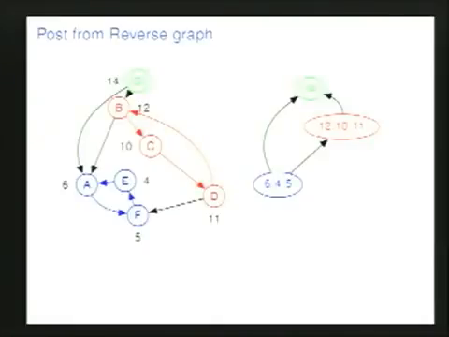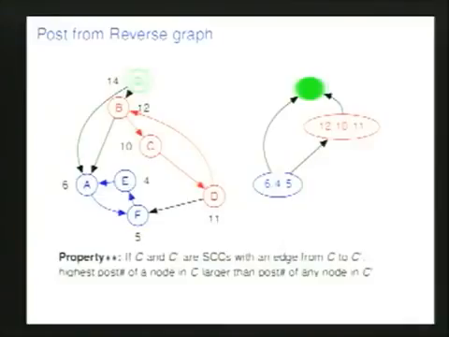I'm going to discover this green component, and remove this green component from the graph. Now, where's the highest remaining post-order number in this graph? Is that a sink component in the remaining graph? Yes. How about now? Well, there's only one component, so it clearly is.